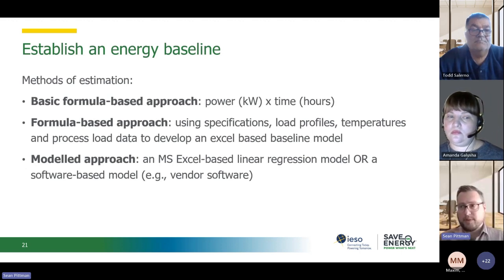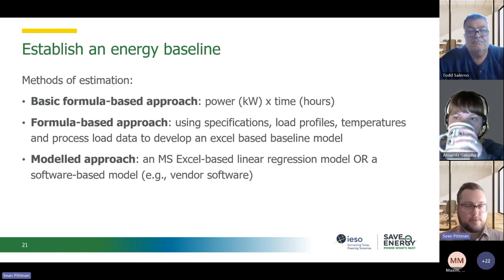Second would be a more formula-based approach, using specifications, load profiles, temperatures, and process load data to develop an Excel-based baseline model, typically done hourly with some sort of COP calculation repeated for every hour that would give you either energy or efficiency and calculate out energy consumption for you.